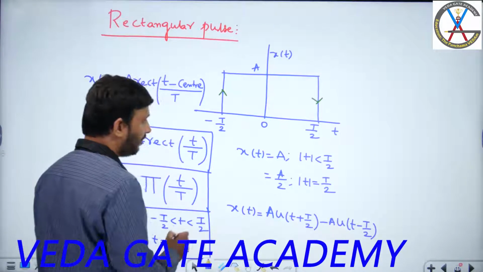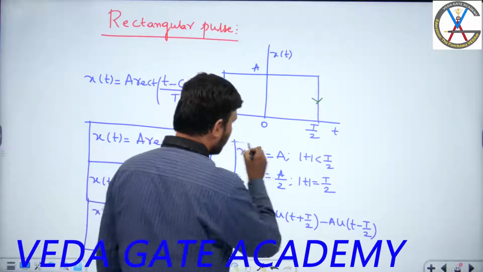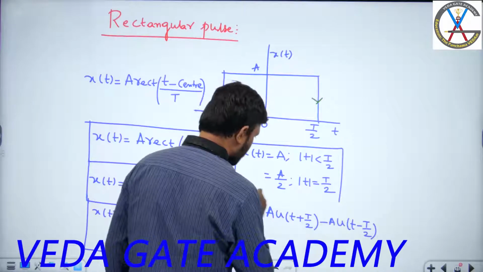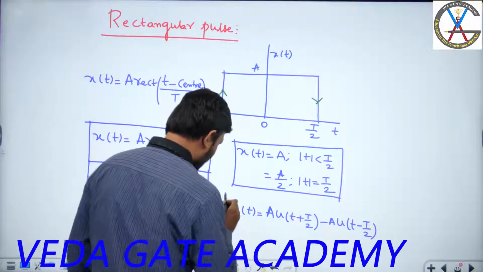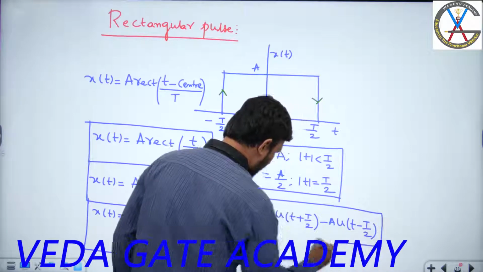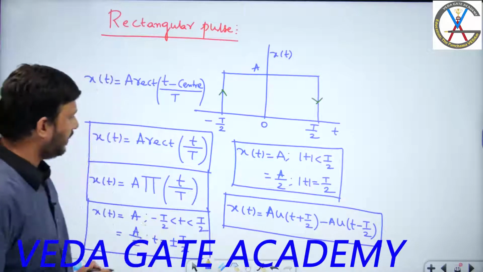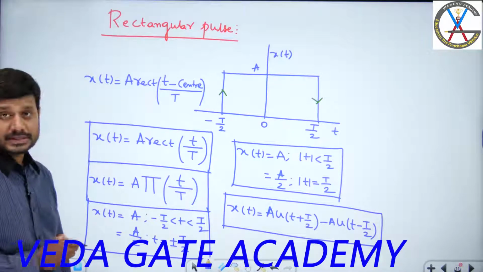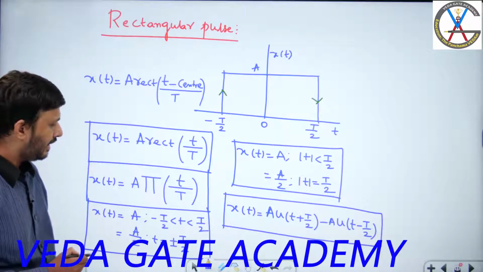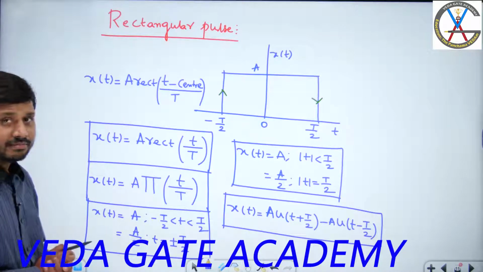The third form. This is the fourth form. In whichever way you like, you can write your rectangular pulse. Right? And after this, what is the next job?